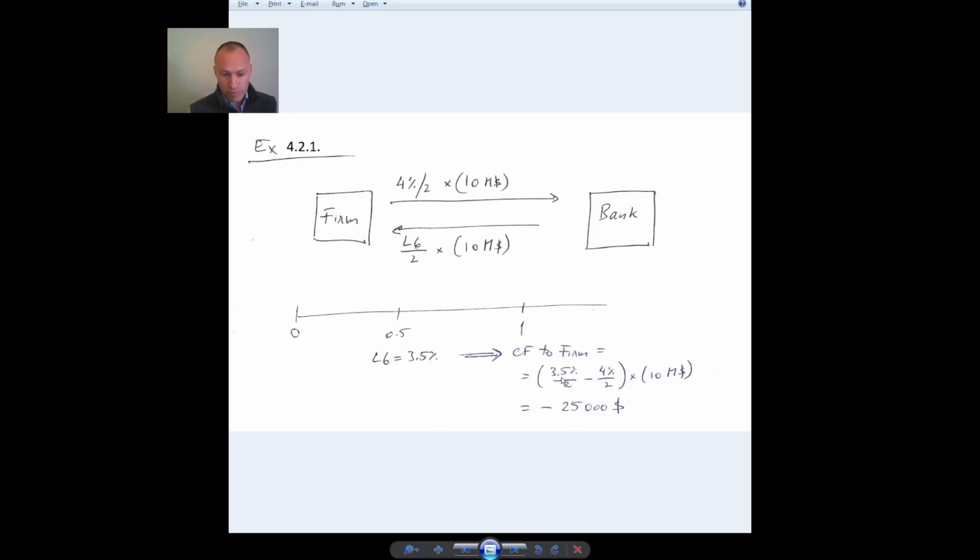Obviously, we don't make payments of these full amounts in both directions. We just compute the net amount, and just one side pays to the other that net amount. So in this case, the firm pays the bank this amount of money. Just like in a forward rate agreement, again, the difference being that this would continue going on in all the next periods of 6 months until the end of the 5 years.